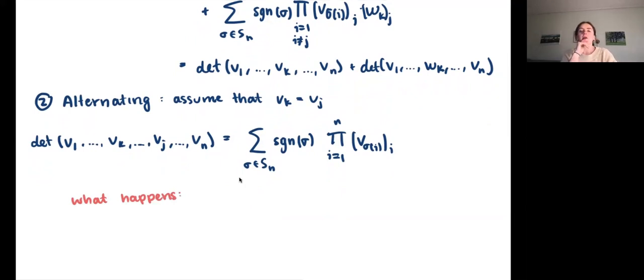Let's say I have some permutation of the numbers 1 up to n. So let's let sigma be a permutation.